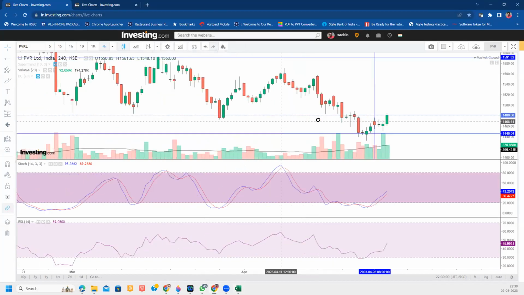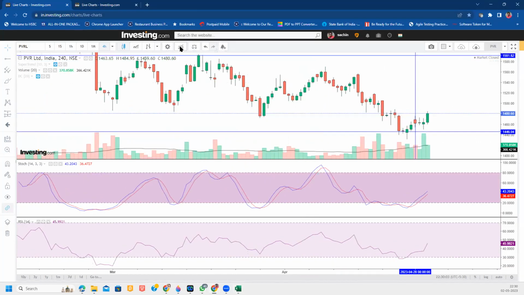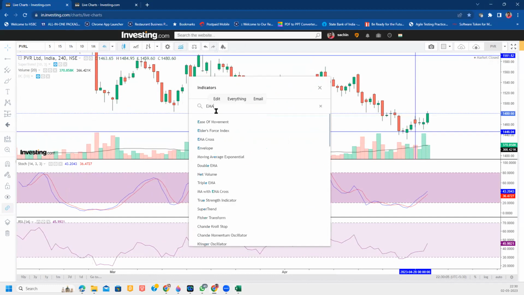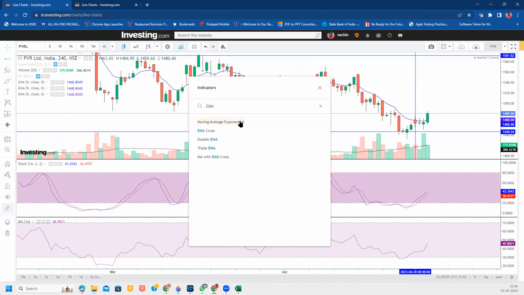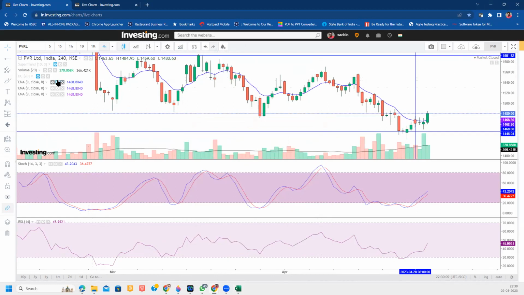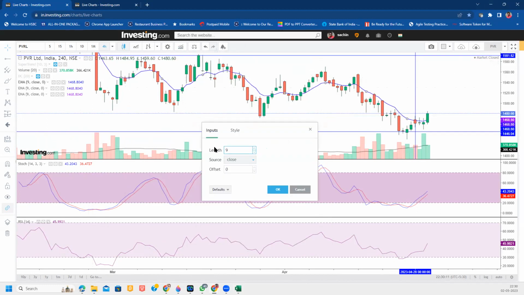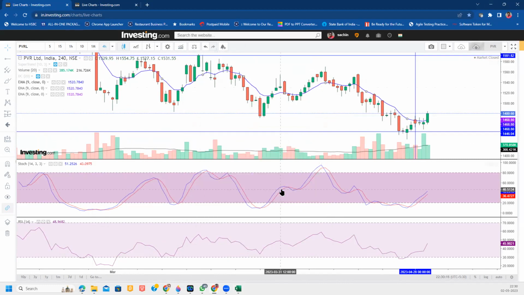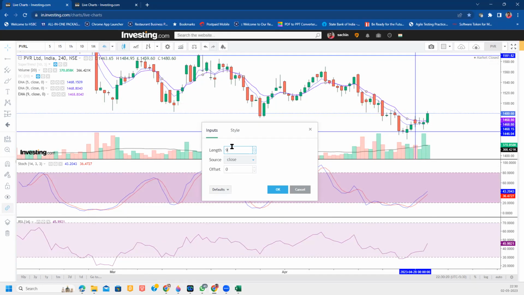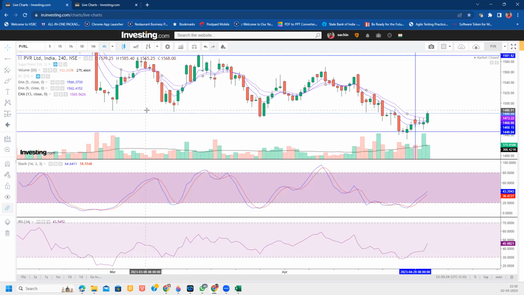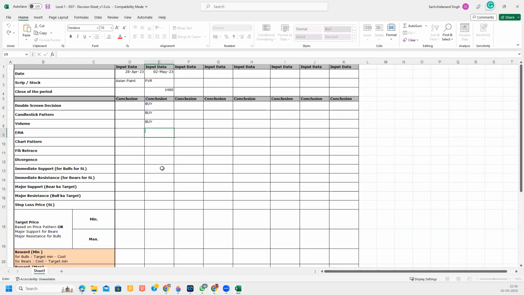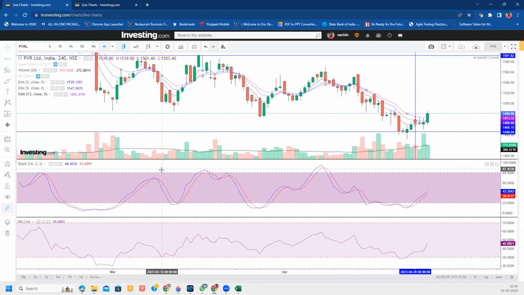EMA. We can have the EMA, and we need to add three EMAs, and change the default of 9 to 5. One is 9 as it is, and the third one is 30. Is that right? 5, 9, 13, the EMA, or are we using anything else? 5, 13, 26.